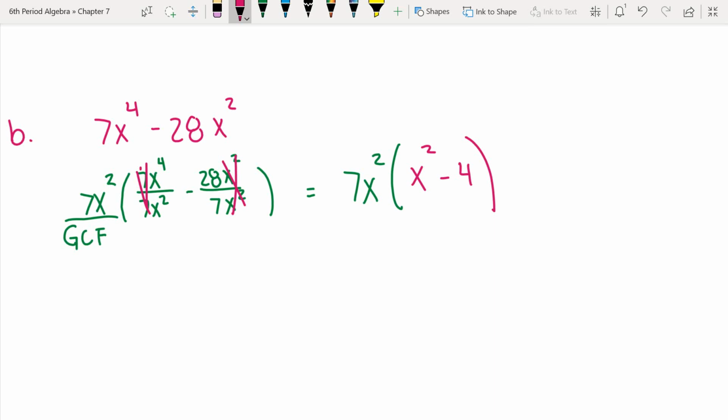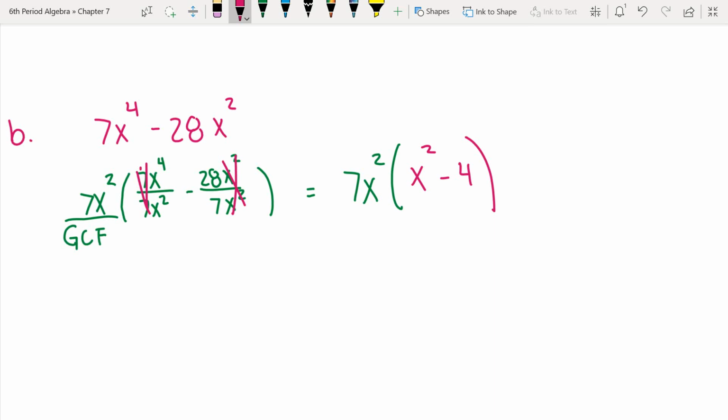You need to try to factor that. Now, you may not feel comfortable doing what I'm about to do, and if you don't, you can factor x squared minus 4 using any method that you've learned. I can immediately recognize that x squared minus 4 is a special product. You guys learned that at the end of last week.